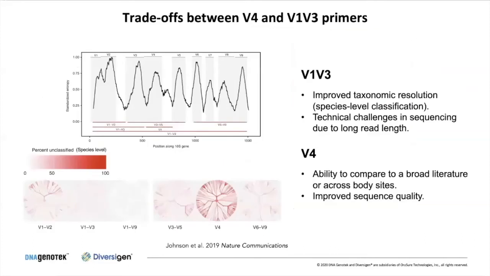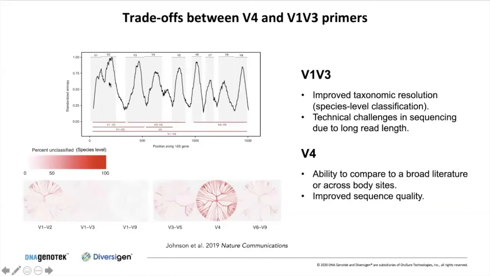So in addition to the ability to detect P. acnes or C. acnes, there are some other trade-offs between using V4 and V1, V3 that are worth considering in designing your microbiome studies. So one of these is the improved taxonomic resolution that you get with V1, V3. And as I mentioned, this is really a result of that increased diversity or increased number of variable bases within the V1, V3 variable regions.